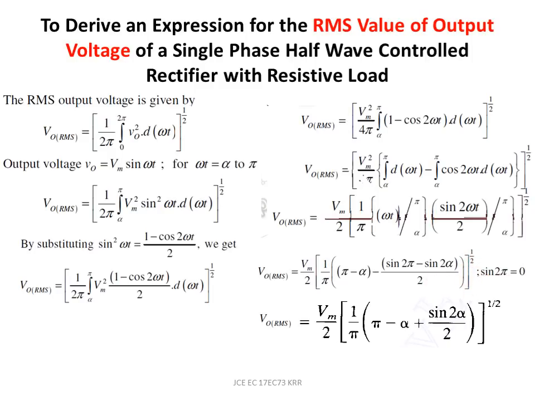Sine of 2 pi is nothing but 0. So substituting, I will get an expression for VRMS. V naught RMS is equal to Vm by 2 into 1 upon pi, pi minus alpha, plus this term is 0. So this minus becomes plus. So it will be sine 2 alpha by 2, the whole to the power of half.